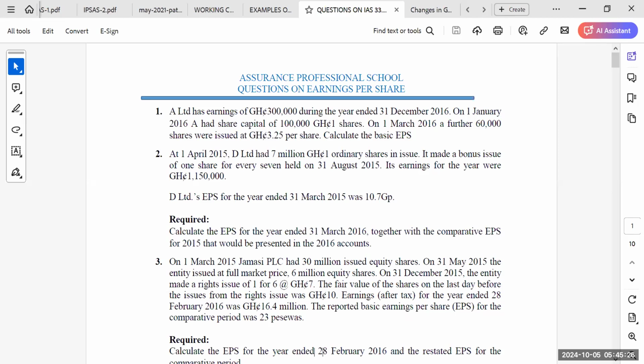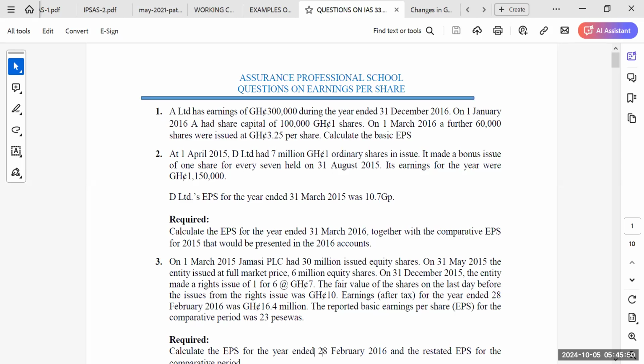Question 2. At 1st April 2015, D Limited had 7 million 1 Ghana cedi ordinary shares in issue. It made a bonus issue of 1 share for every 7 held on 31st August 2015. Its earnings for the year were 1,150,000 cedis.